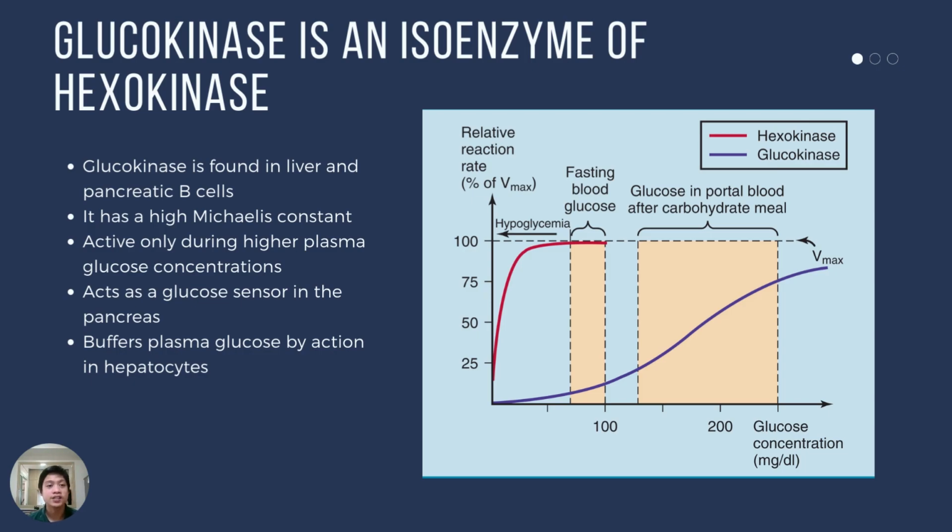But glucokinase is specifically found in the liver and the pancreatic beta cells, which secrete insulin. As you will observe in this image in the right, hexokinase is illustrated with the red curve, and glucokinase is illustrated with the blue curve.